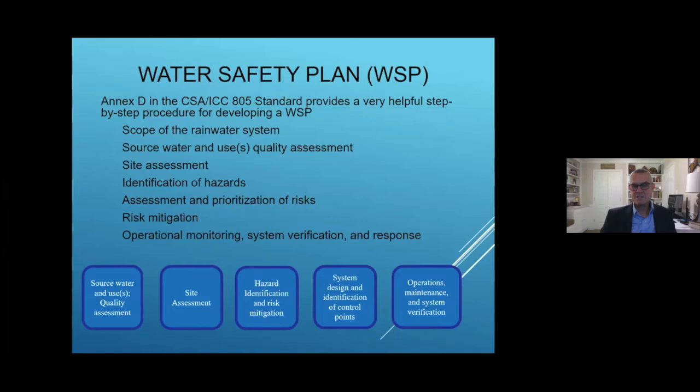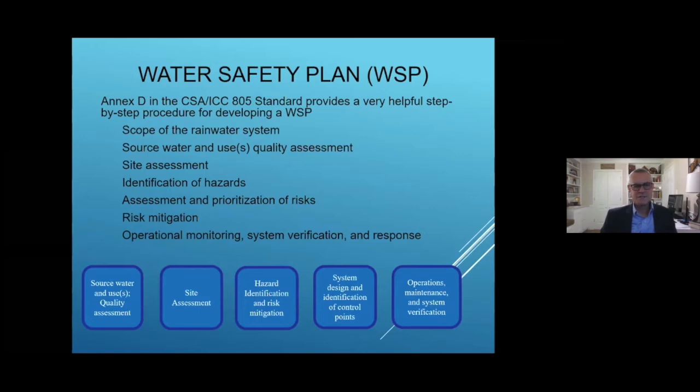Then the identification of the hazards: hey, there's some kind of factory close by that might be a problem, or whatever the hazards might be, some other underground things that might have been there before. Whatever you're working with, make sure those are identified so you know how to avoid them, and then of course you make the assessment on how you're going to mitigate that type of risk.